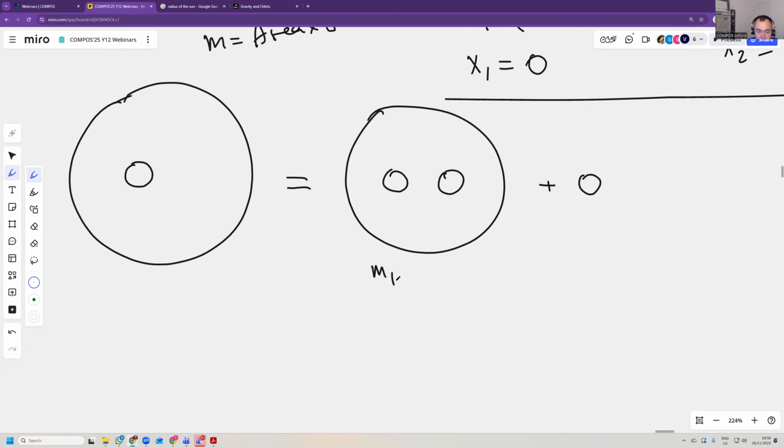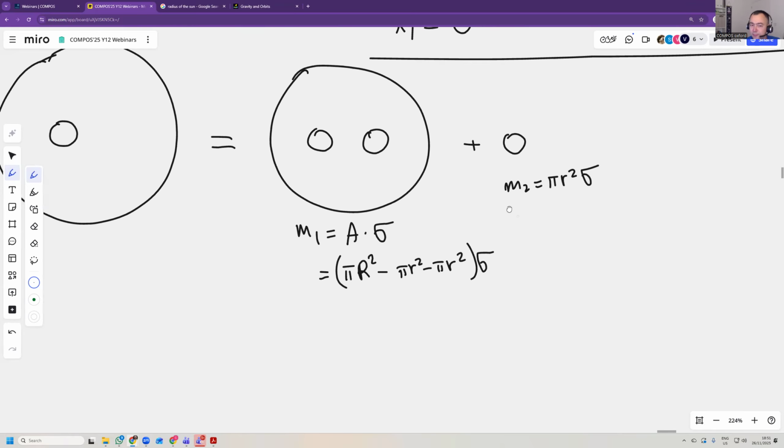The mass of the first piece is the area multiplied by sigma. And the area is pi r squared, that's the big circle, minus the 2 areas, pi r squared minus pi r squared, and multiplied by sigma. Mass of the second piece is just pi r squared sigma. All right, are you happy with that?